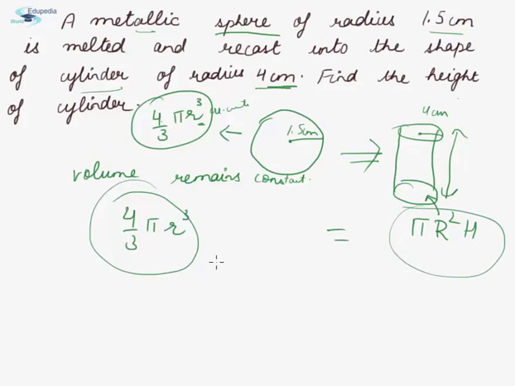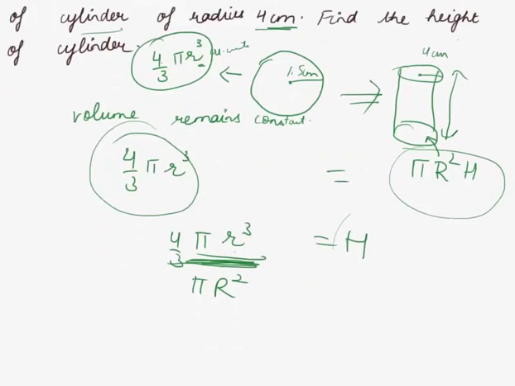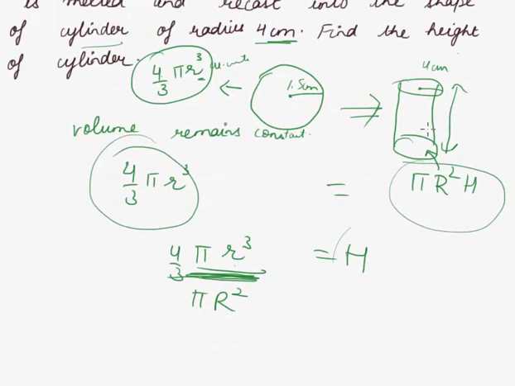Thus, by simply substituting different values, we can find out the height, that is 4 by 3 pi r cube, where this small r is the radius of sphere, divided by pi r square is equal to h, the height of cylinder, where capital R is the radius of cylinder.